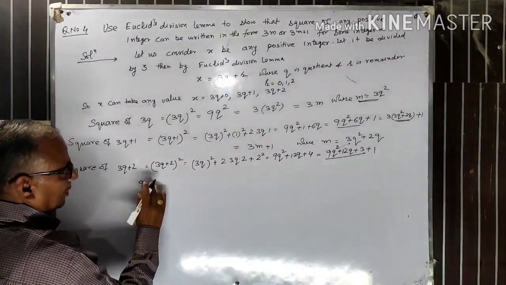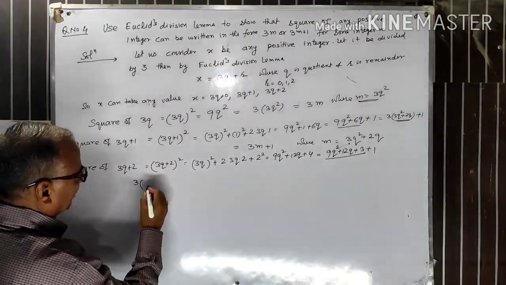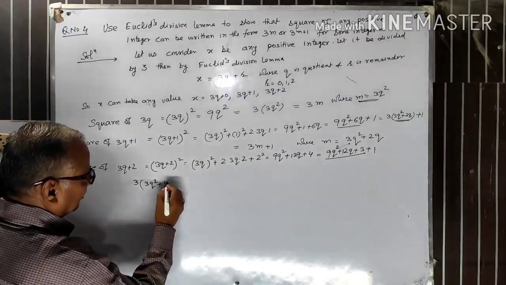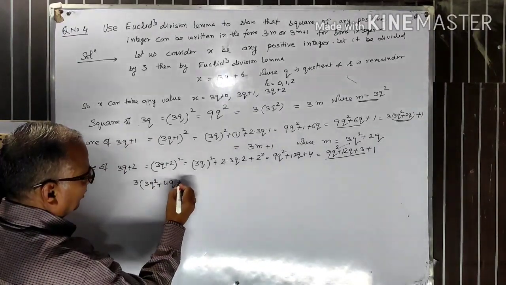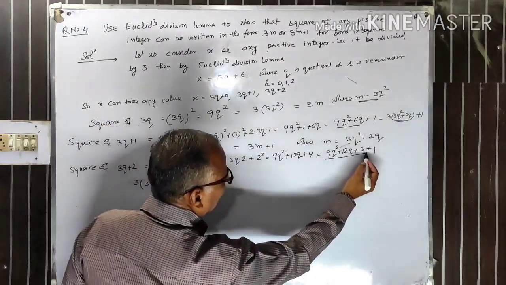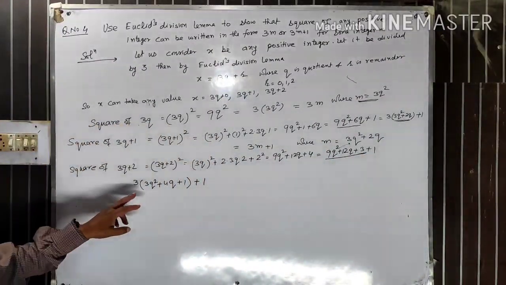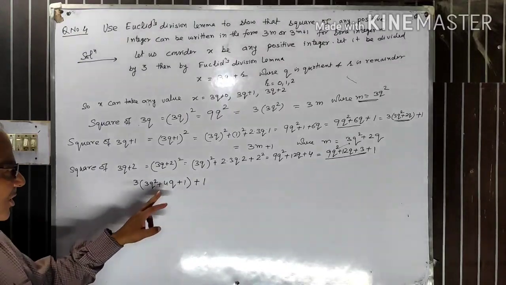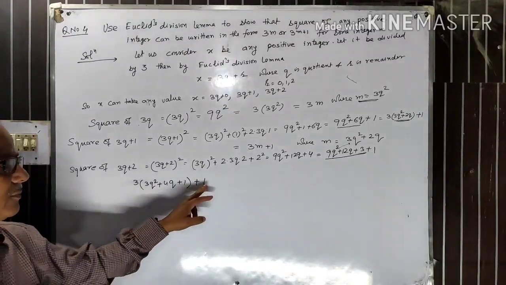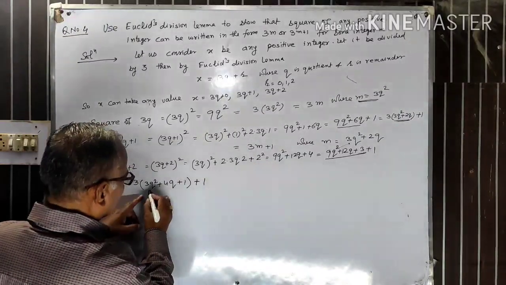So from 9q square and 12q plus 3, we can take out 3 common, and we are left with 3 into 3q square plus 4q plus 1, in brackets, plus 1 left.